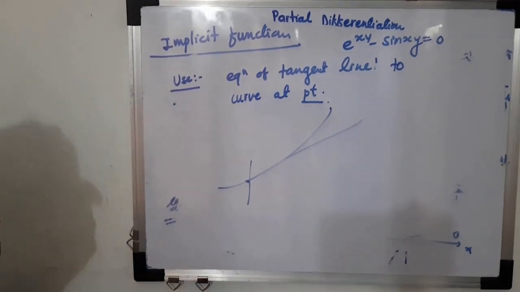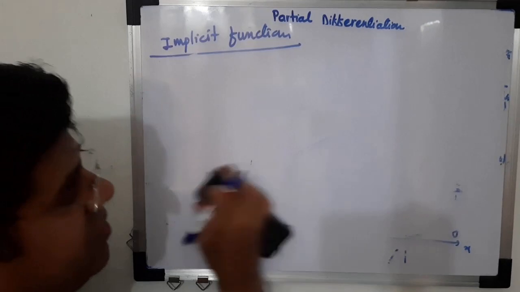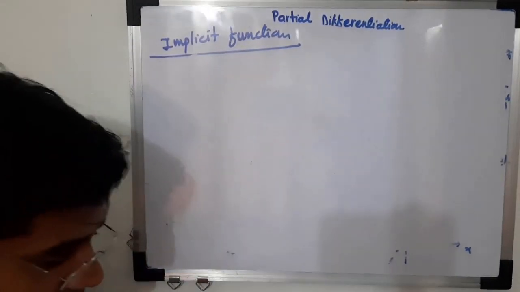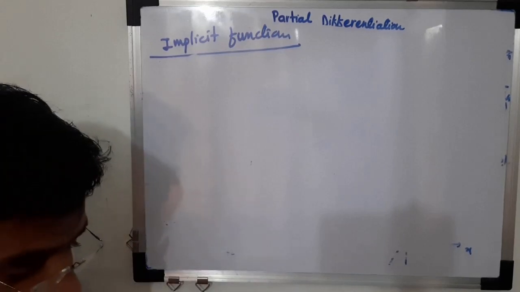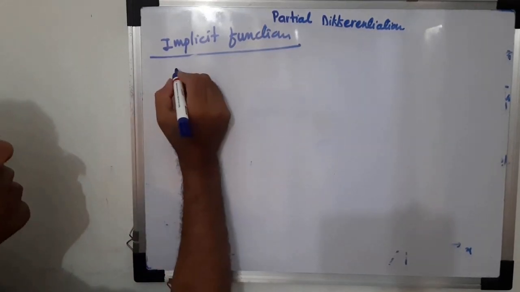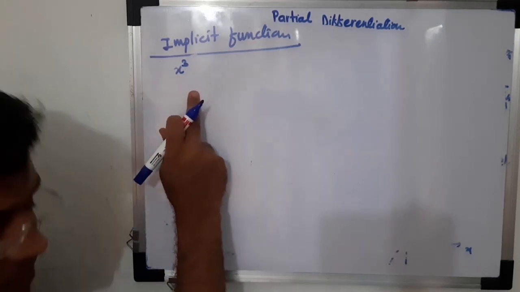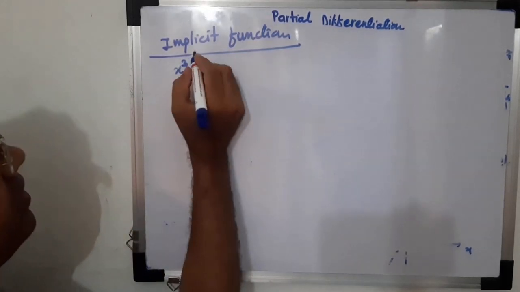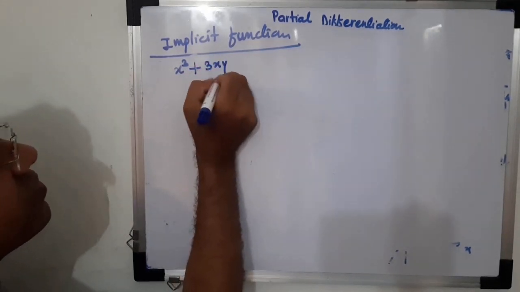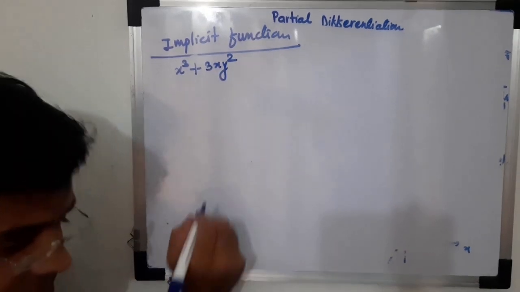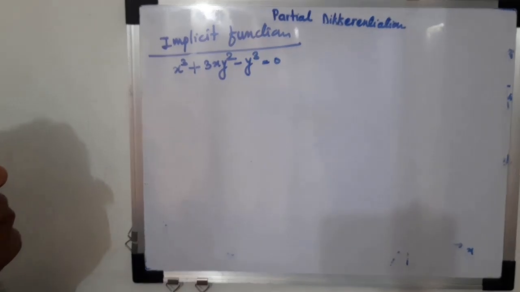So we'll take one problem related to this. First problem: find the slope of a tangent to the curve x cube minus 3xy square minus y cube equal to 0.